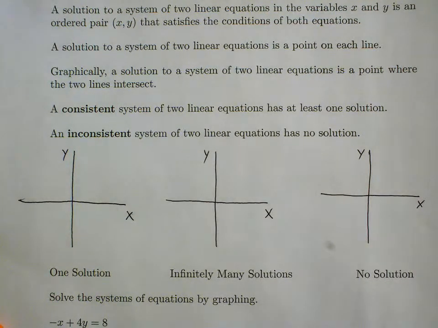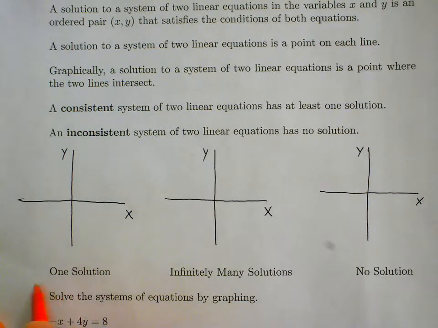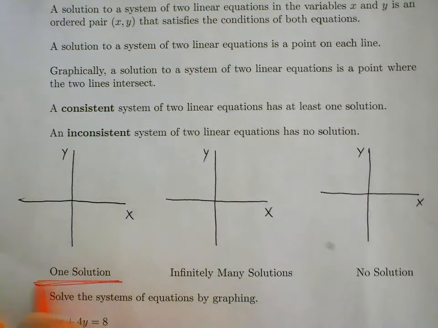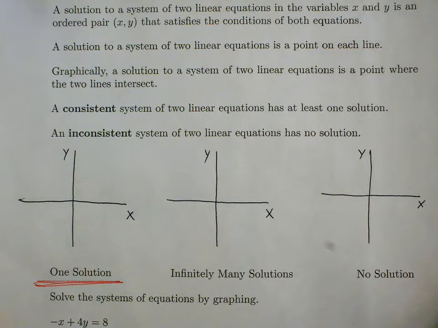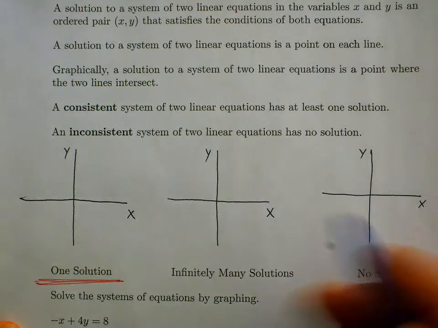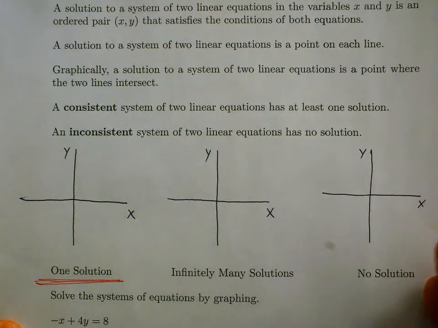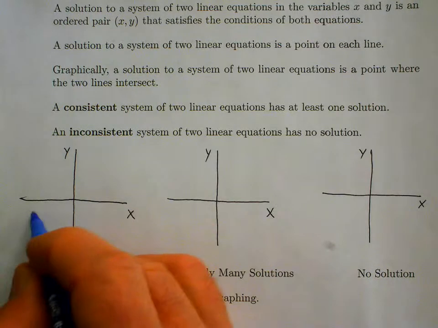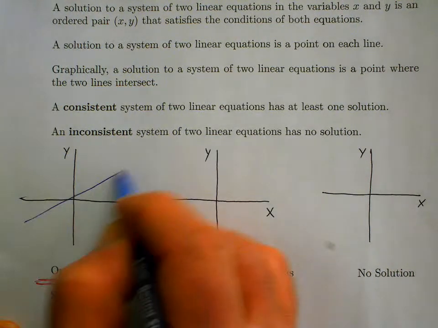Okay, so on the left, I'm going to draw the graphs of a system of two linear equations that has one solution. As long as the two lines intersect at exactly one point, then that's a good enough example.